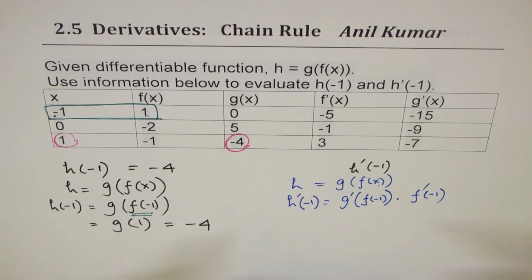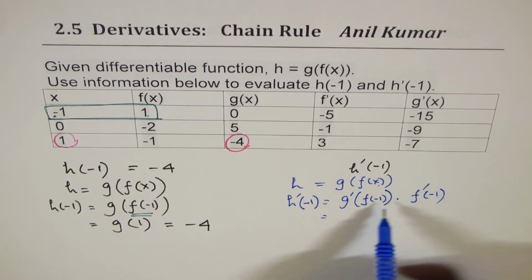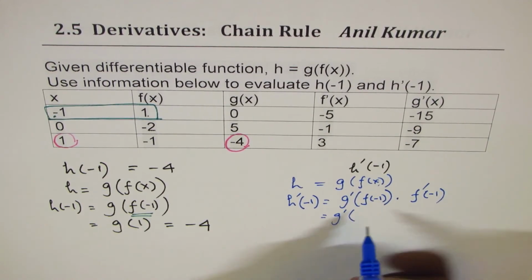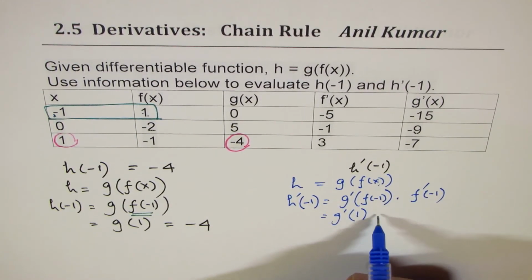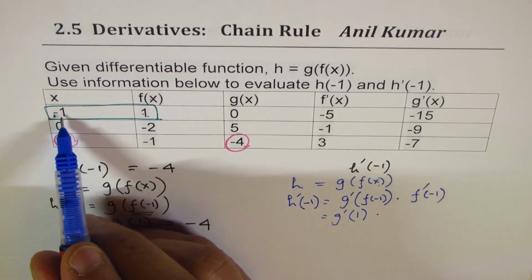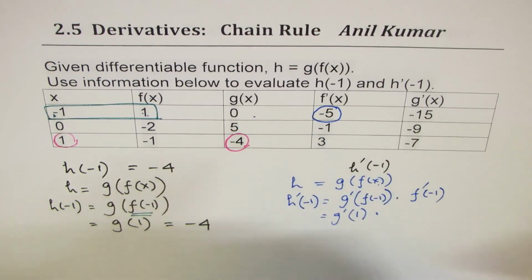So now we'll write down, what is f of minus 1? That basically means f of minus 1 we know is 1, so I'll write here 1. And what is this derivative at minus 1? So at minus 1 the derivative is minus 5.